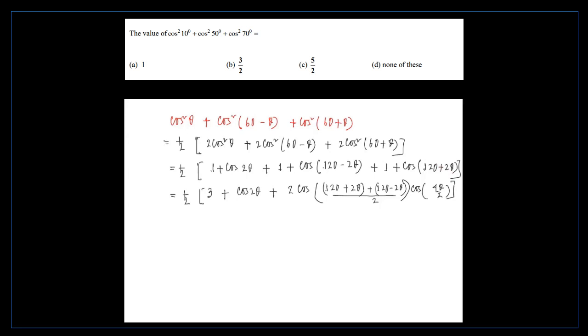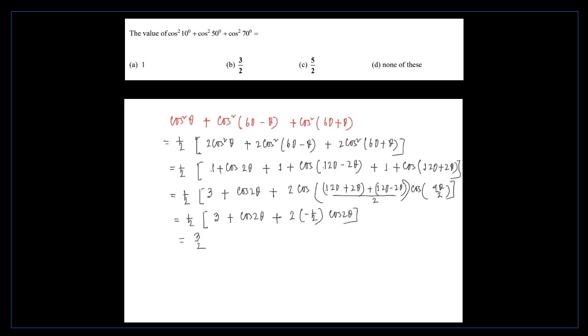From this we can say it is half of 3 plus cos 2 theta plus, here we can simplify this further. If we cancel out, cos 120 gives us minus half, because it is 180 minus 60, into cos 2 theta, and that gives us 3 by 2.